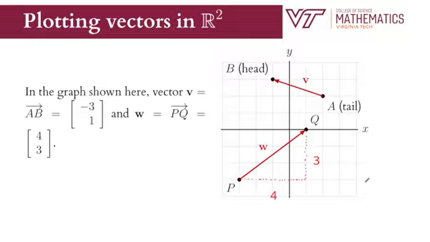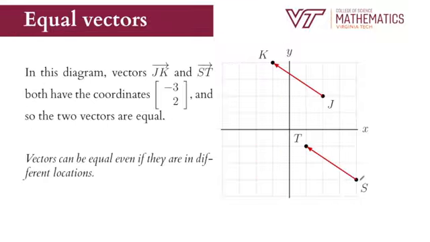What that means is that we can have two different vectors that have exactly the same components. This vector from J to K is -3 to the left and then 2 up. And then this vector from S to T is -3 to the left and 2 up also.